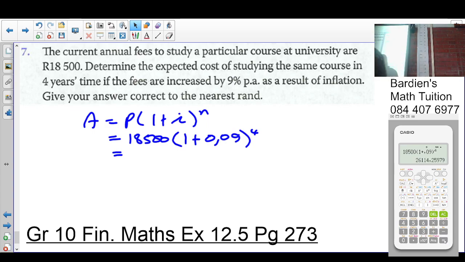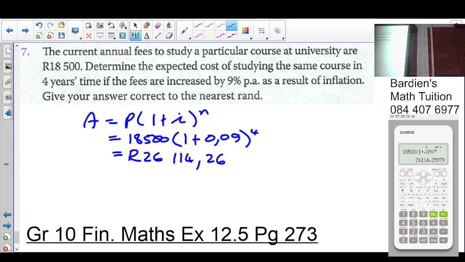Gives you 26,114 Rand and 26. Nearest Rand, so it's going to be 26,114. Okay, you guys understand, people?